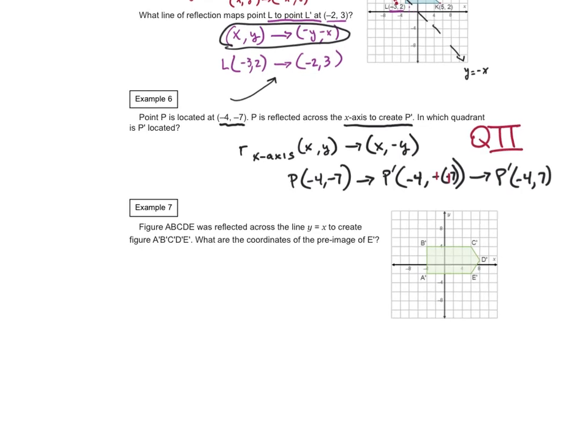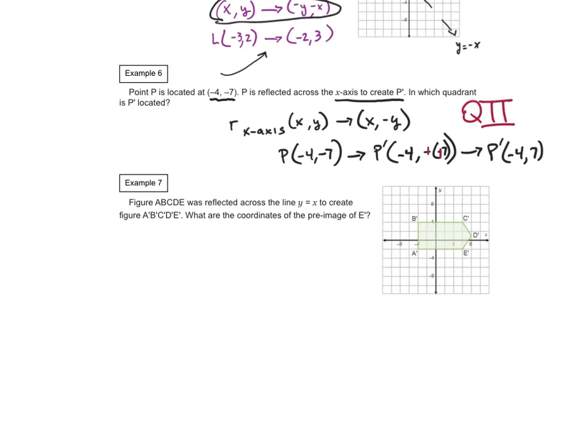Okay, and then this last one, we were talking about figure ABCD was reflected across line y equals x to create A prime, B prime, C prime, and D prime. What are the coordinates of the pre-image of E prime? Okay, a lot of times when we get problems like this, I don't need to worry about the other points.